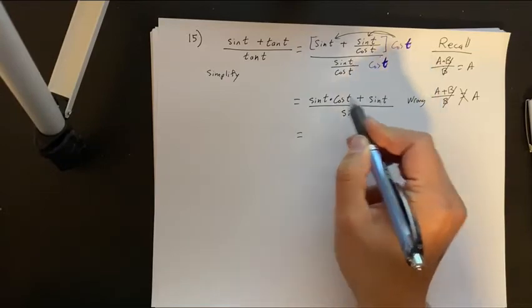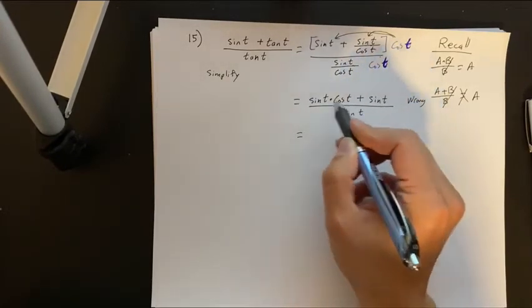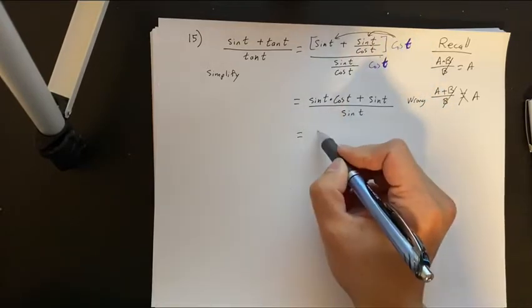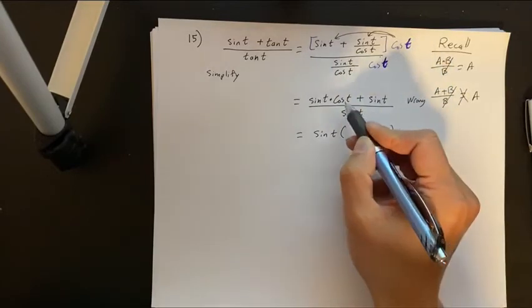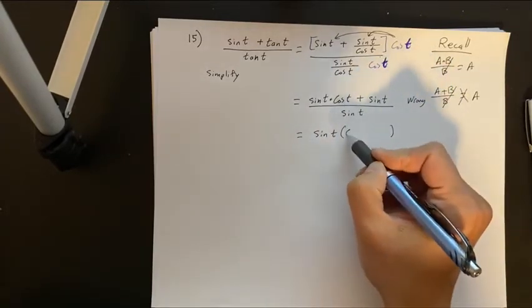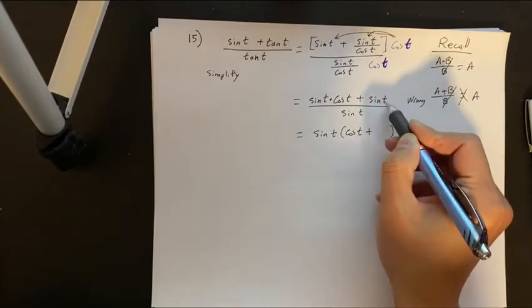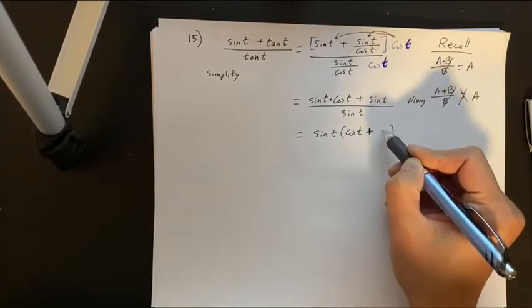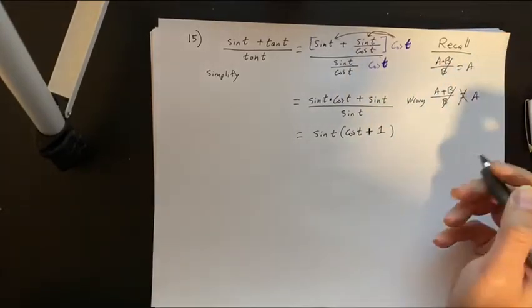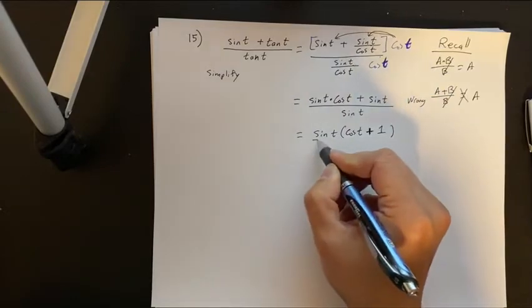So I can actually factor out the sine from both terms on top. For the first term, I'm left with cosine t. For the second term, if you have sine t and you factor out sine t, it is not 0. It is a 1, because sine t times 1 is sine t.